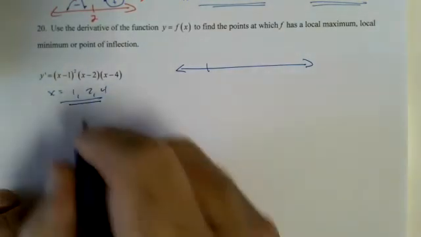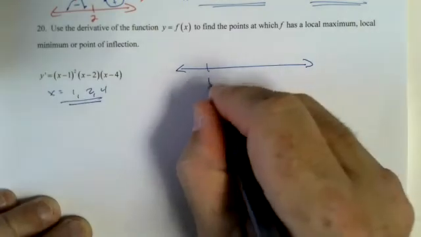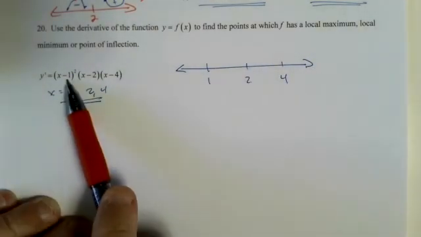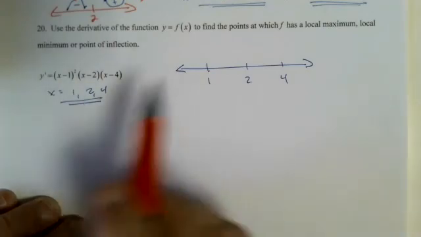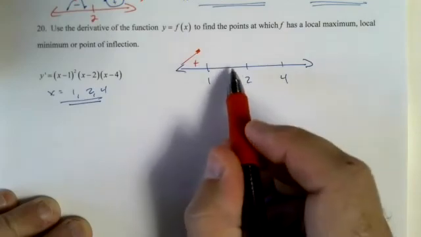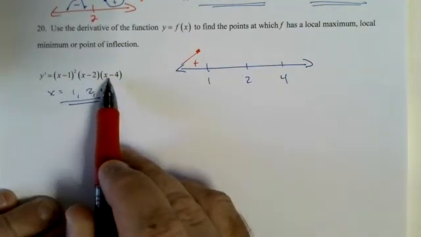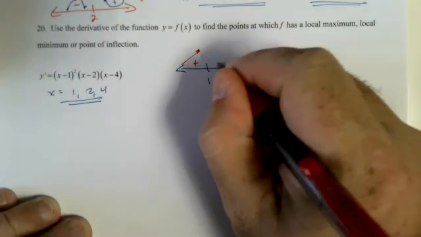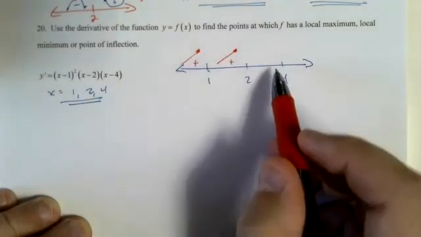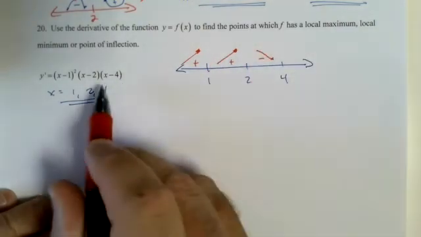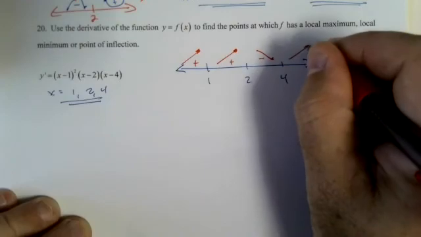That gives me my zeros: 1, 2, and 4. Always positive. 0: negative, negative, positive. 1.5: negative, negative, also positive. I was surprised by that, but that's accurate. 2.5: positive, negative, negative. 4.5: positive, positive, positive.